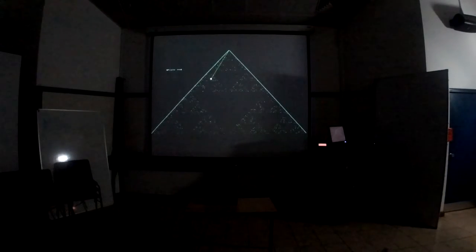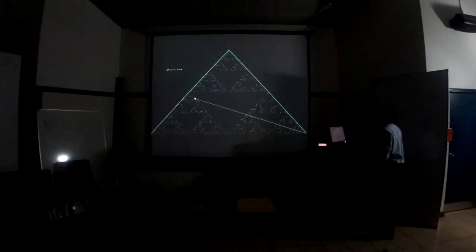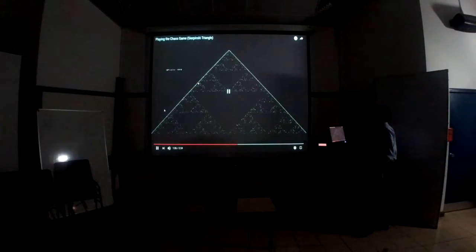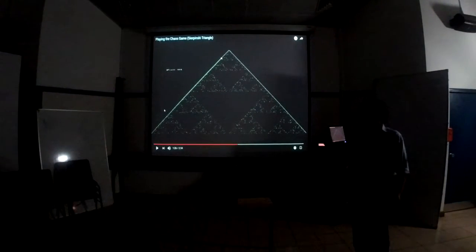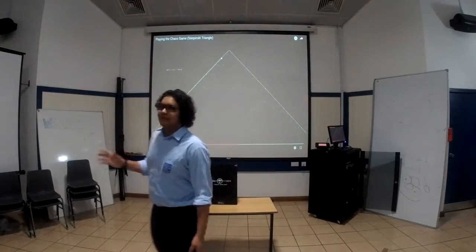Kind of see the shape starting to form already. So look at that, from seemingly random placement of dots through some algorithm, we've managed to generate Sierpinski's triangle.